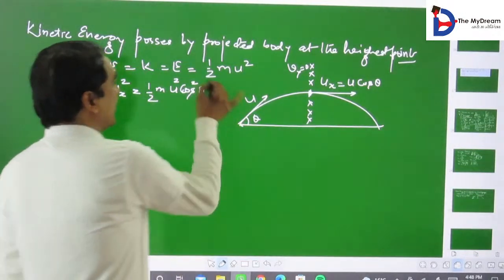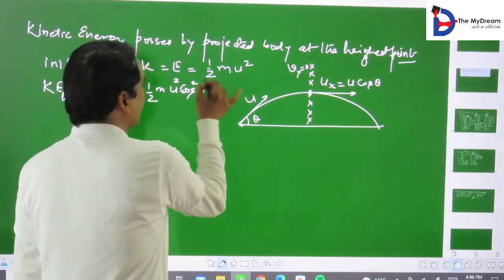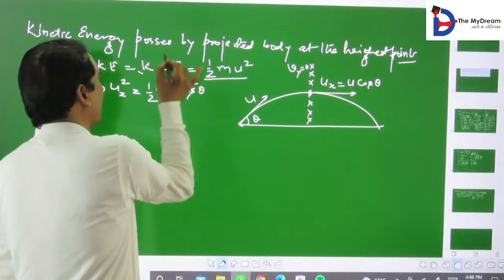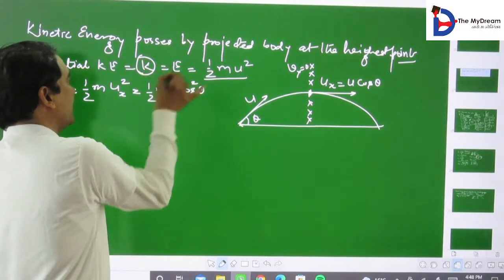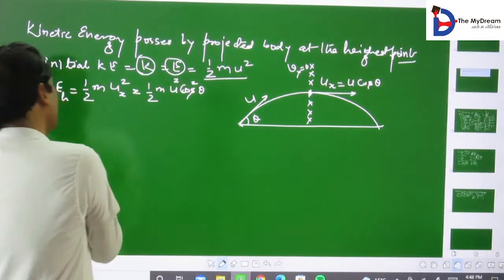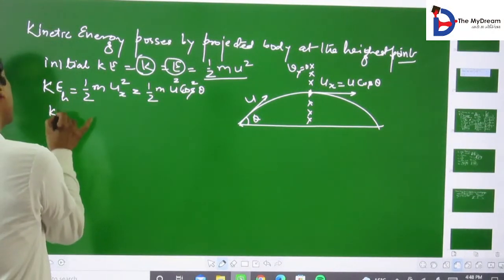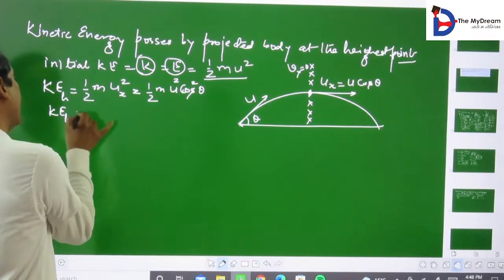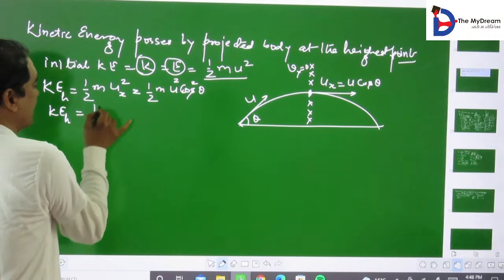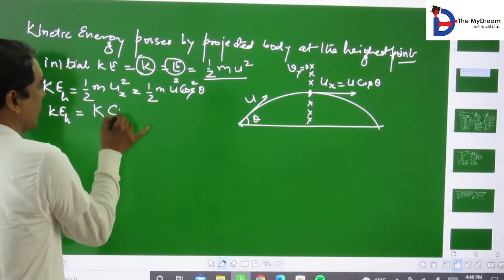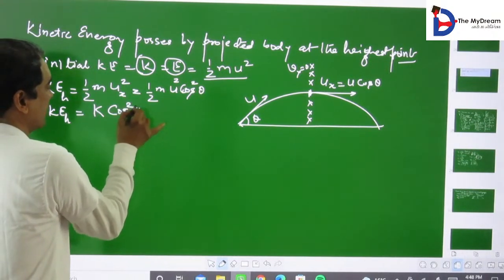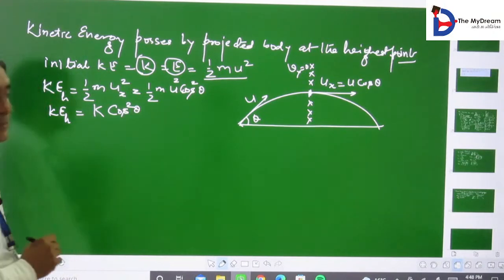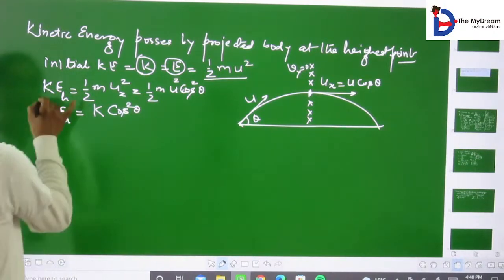In place of this half m u square, you can write down K or E. Either you write K or E. So kinetic energy at the highest point is given by K cos square theta. Got it?